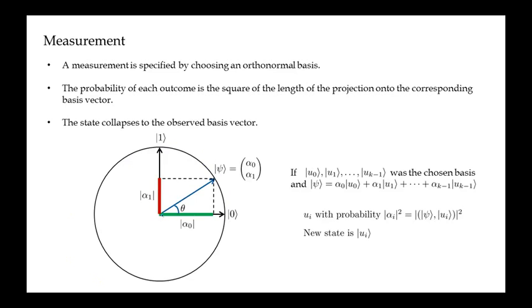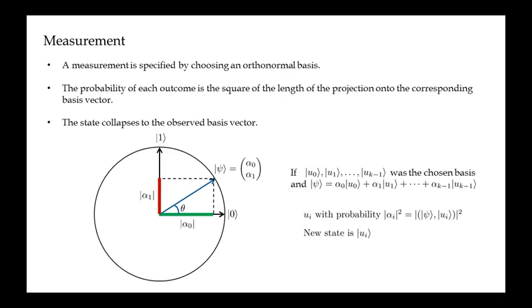Then if you measure in the 0, 1 basis, or the standard basis, the chance that the outcome is 0 is cosine squared theta, and 1 is sine squared theta. The new state after the measurement is either the 0 state or the 1 state. Okay, so now what we want to understand is how does the state evolve in time?